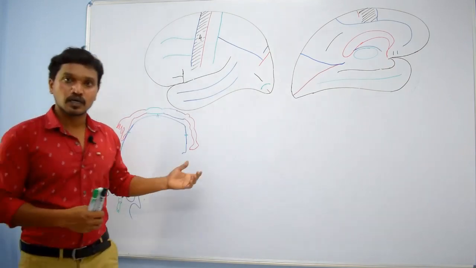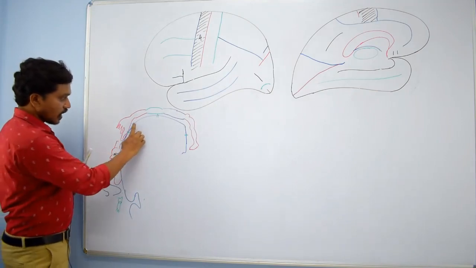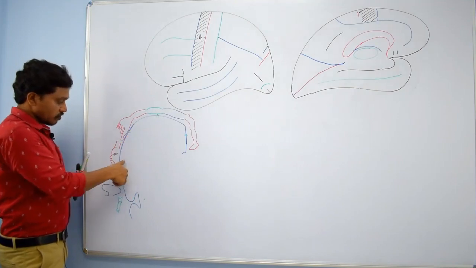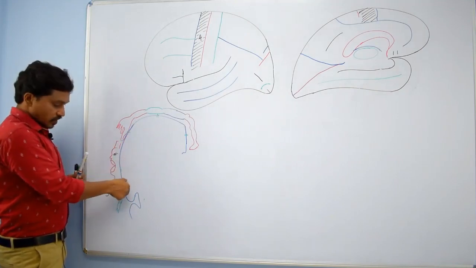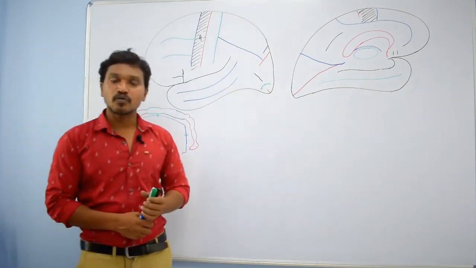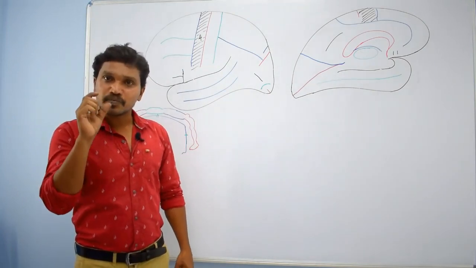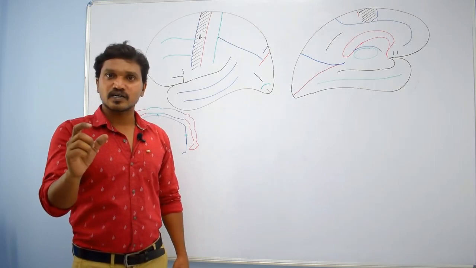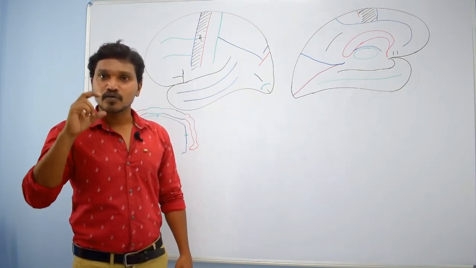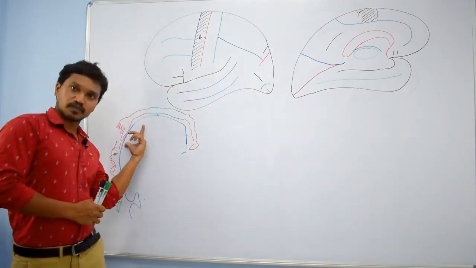Then we have to discuss one thing. See here, I gave more space for the thumb, face, tongue and larynx compared with the remaining parts. Why? Whenever we need more precise, coordinated and skilled movements, those places need more representation. That means more neurons will be present over here, right?